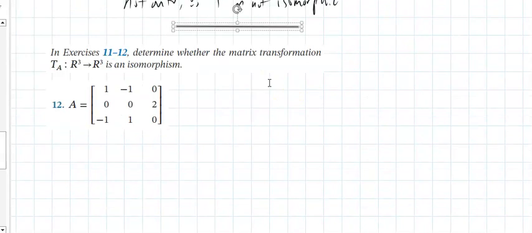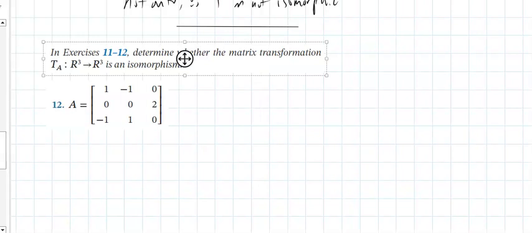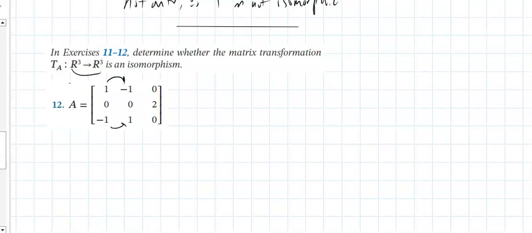Determine whether the matrix transformation from R3 to R3 is isomorphic. So here we just have to check really quick. If I multiply this by -1, don't you get that? Which means the determinant equals 0, therefore those vectors are linearly dependent.